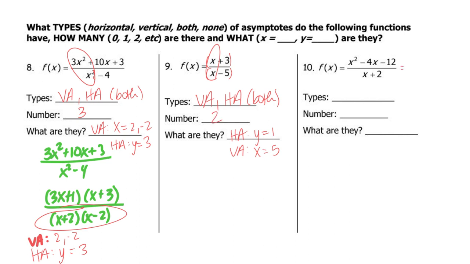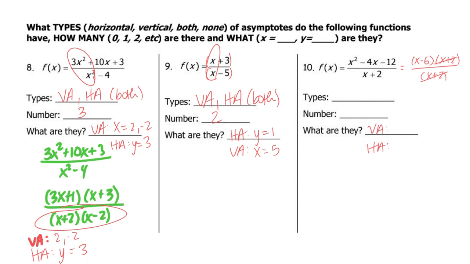Last one, we factor the top, so that's x minus 6, x plus 2, over x plus 2. The x plus 2's are going to cancel. The vertical asymptote is anything that's left in the denominator after we simplify.